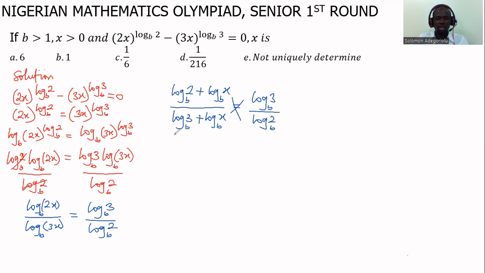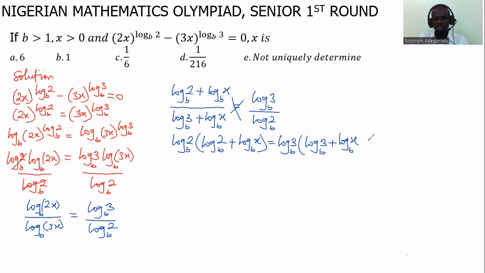So we have log 2 base b into a bracket of log 2 base b plus log x base b, then is equal to, this one we come to this side here, we have log 3 base b into bracket of log 3 base b plus log x base b.